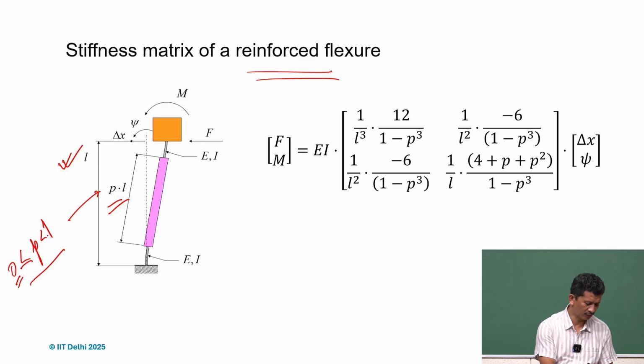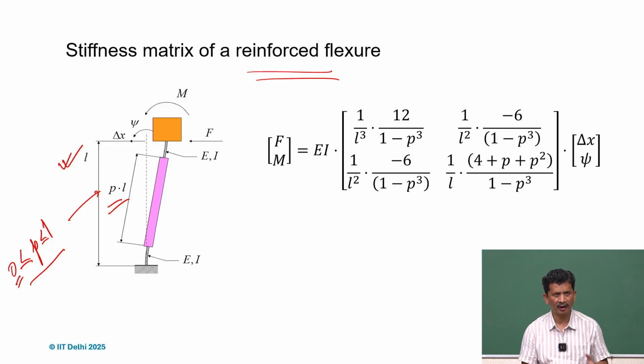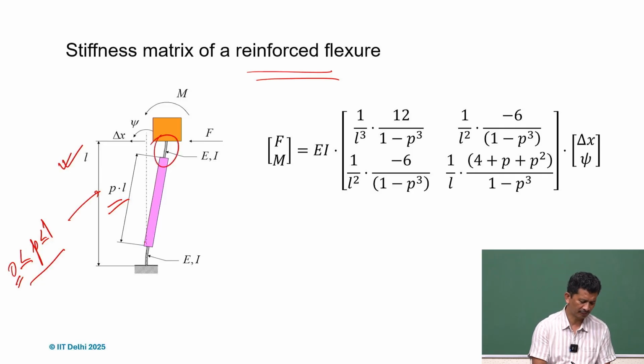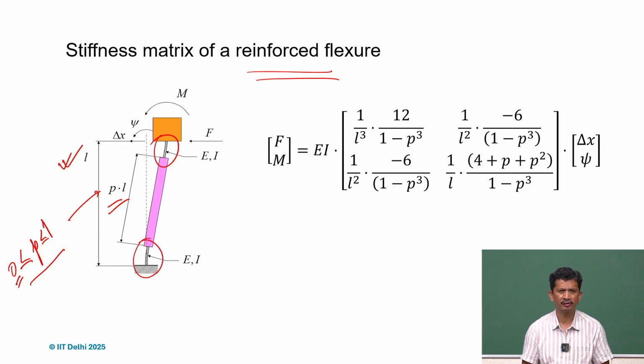If it's 0, then the entire section is slender and there is no reinforcement. If P is 1, then the entire thing will have the larger cross section, larger geometries. In between, this is the compliant part, and the stiffness of the middle, reinforced section is way higher.